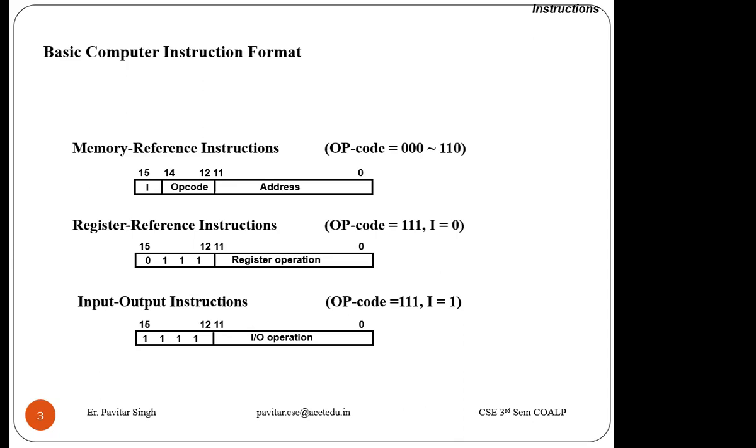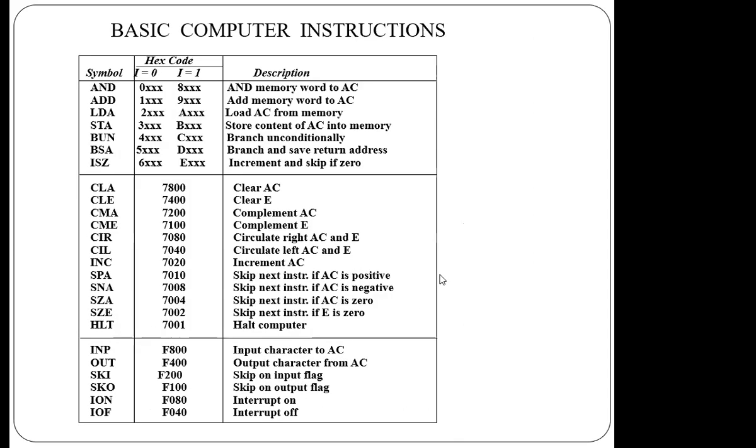So let me show you the table. Here you can see that your table is bifurcated into 3 parts. The first section, 1, 2, 3, 4, 5, 6, 7. The first 7 instructions belong to the category of memory reference instructions, right?